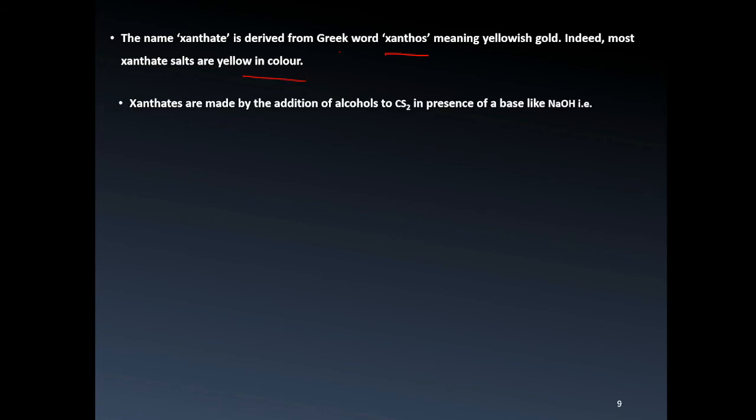Xanthates are made by the addition of alcohols to CS2 in presence of a base like sodium hydroxide. C=S, CS2 plus ROH alcohol, and in presence of sodium hydroxide, the lone pair of alcohol will come and attack here.